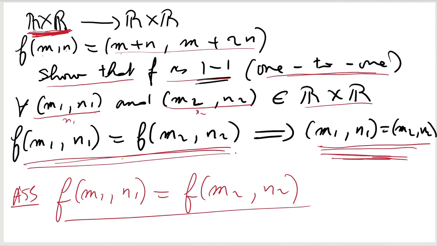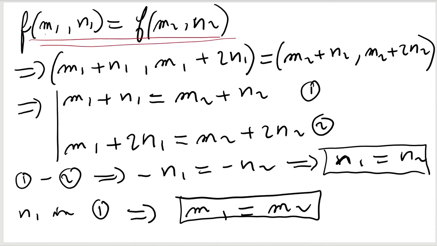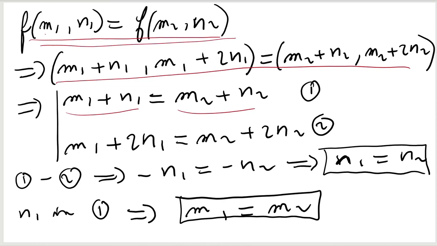That's how we get the expression that we have here. So basically, if you have f of m1 n1 equal to f of m2 n2, you replace it and you get this expression. Because it's a pair of elements, you can set this part equal to this part, and then this part equal to this part, and you get this expression, right? So you call this 1 and this is 2.